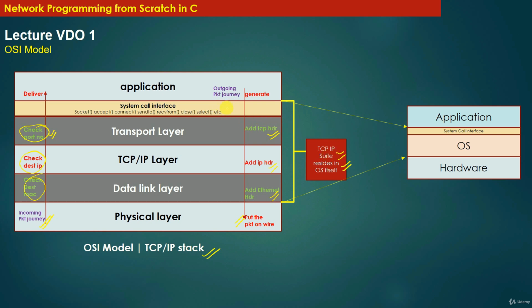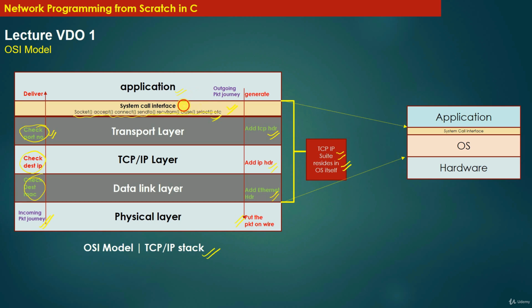Now we will talk a little bit about what the system call interface actually is. You can see that there are a bunch of APIs specified here. These are the APIs or function calls used by the application to invoke the services of the operating system.